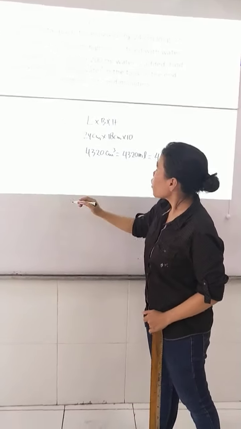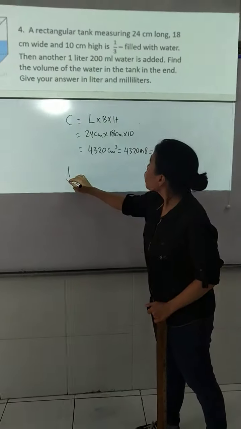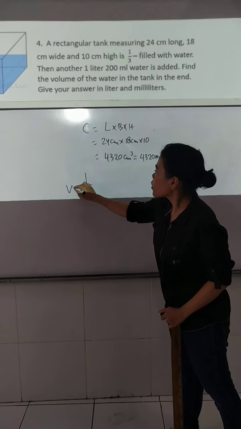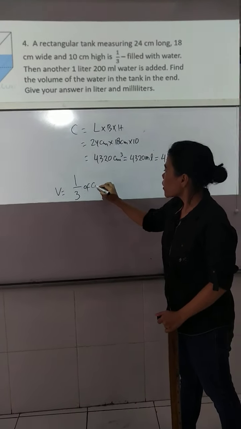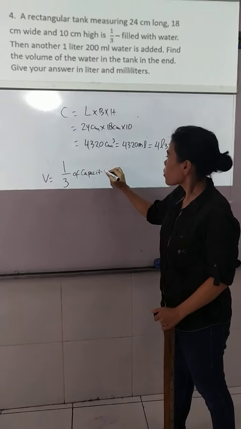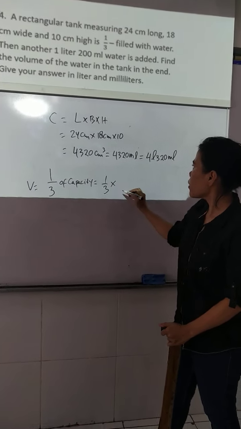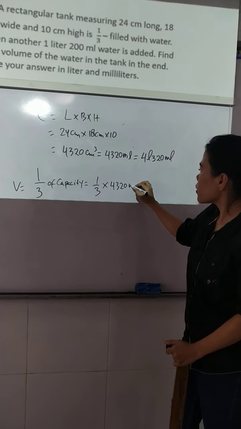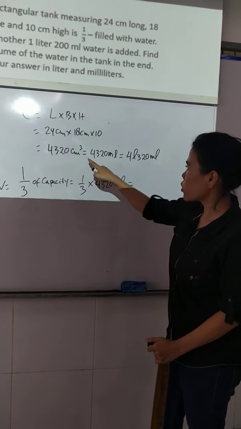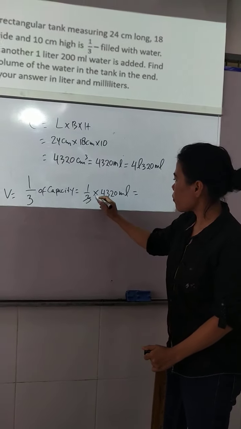Next, the water inside the container now is 1/3 of the capacity. So 1/3 times 4,320 milliliter. I use this first, and then I simplify it.